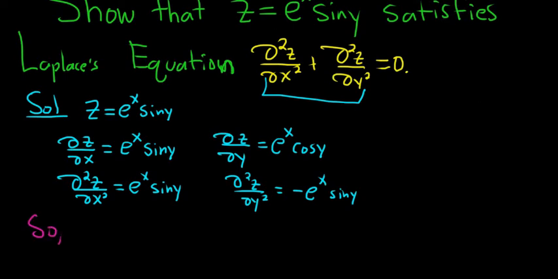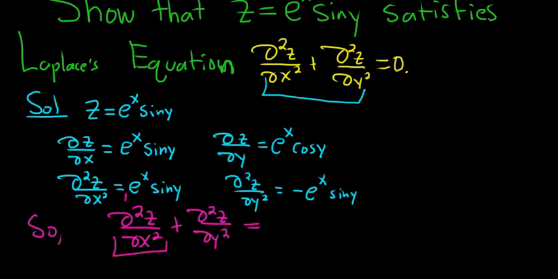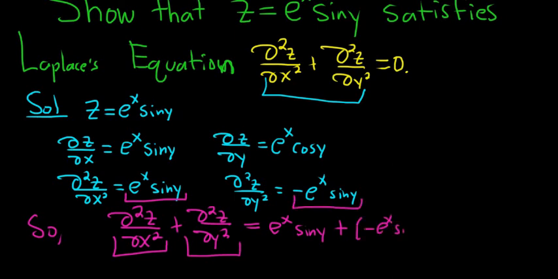When we have the second partial of z with respect to x plus the second partial of z with respect to y, that's equal to, well, this first piece here is right here, so that's just e to the x sine y, plus, and this piece here is right here, so that's parentheses negative e to the x sine y. These are opposites, so this is equal to 0, so we have shown that this function satisfies Laplace's equation.